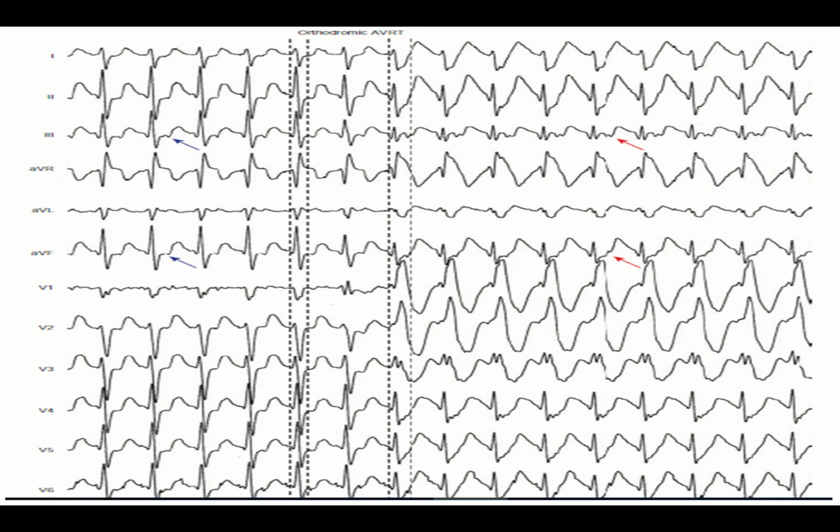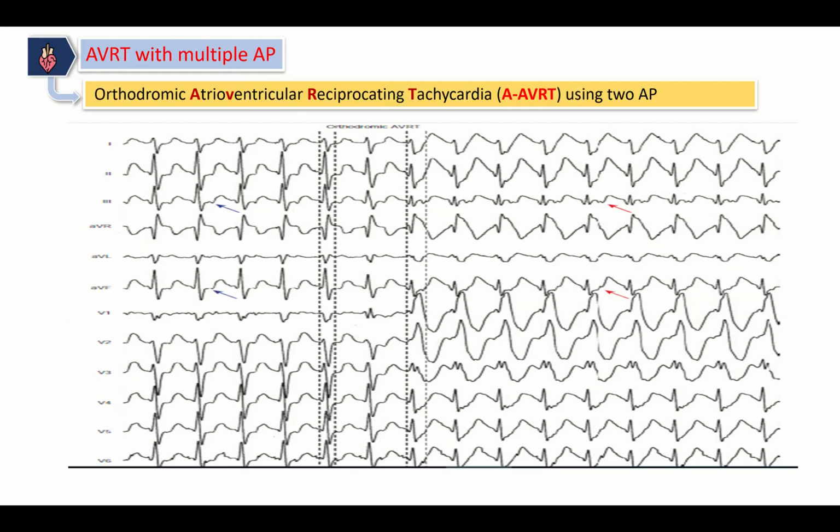In this, the patient has a right lateral accessory pathway and we can appreciate the RP interval becomes longer, more than 100 milliseconds. So this patient has 2 accessory pathways, anteroseptal, then right lateral accessory pathway, with a change in RP interval.